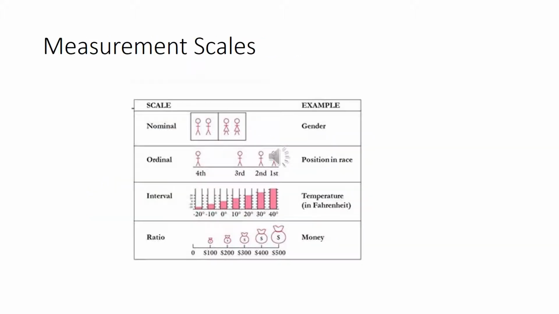Okay, there are 4 types of measurement scales, and they go from nominal, which is basically data with names and categories only, through ordinal, where you have some kind of order, some kind of ranking, say position in a race or criticality.